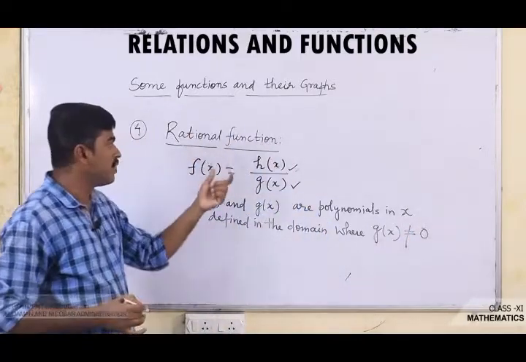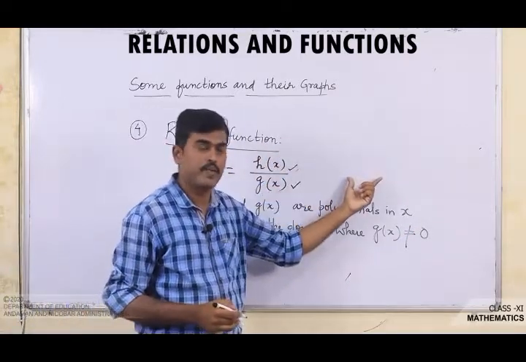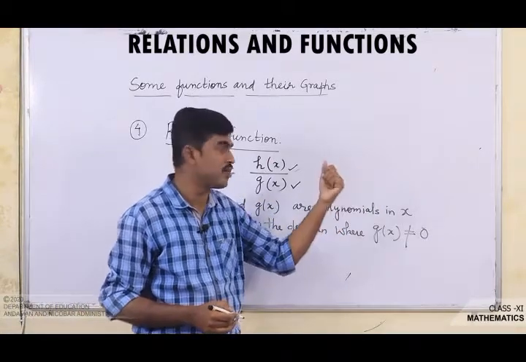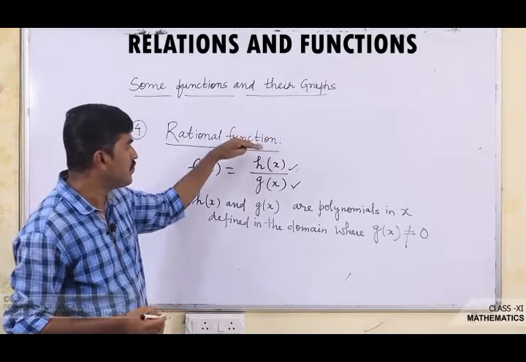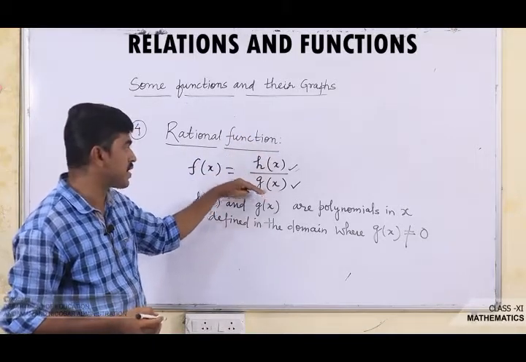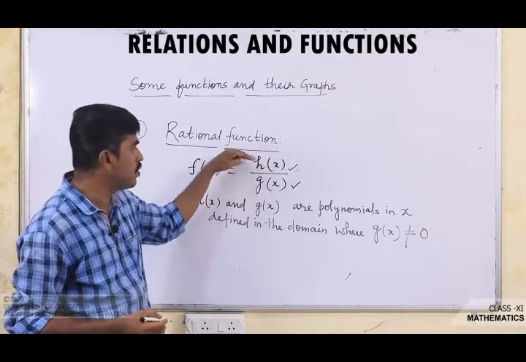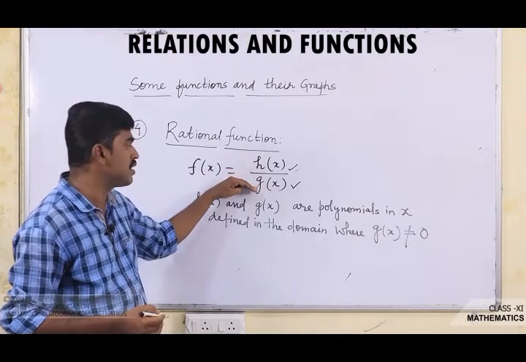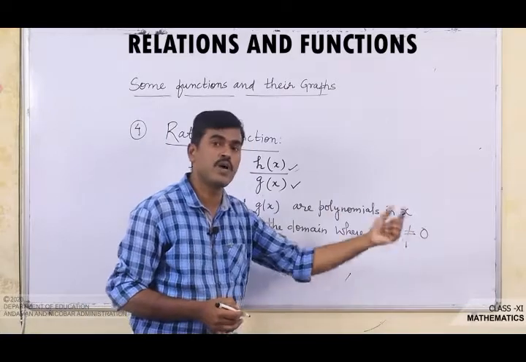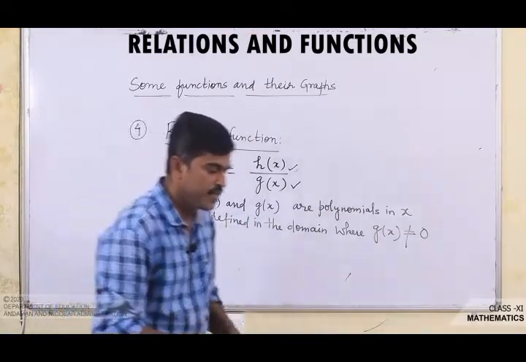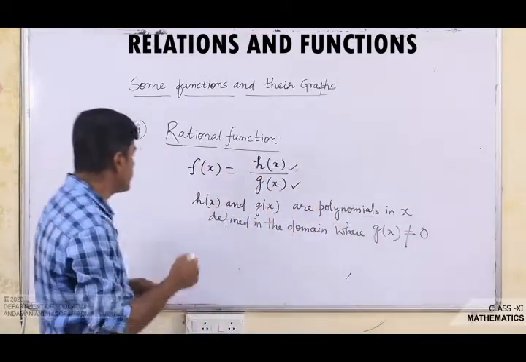You know a rational number, a number of the form p by q where q is not equal to 0. It is a rational function of the form h of x divided by g of x, numerator divided by denominator, where both numerator and denominator are polynomials in x, and the denominator polynomial, that is g of x, should not be equal to 0. Let us take some examples.